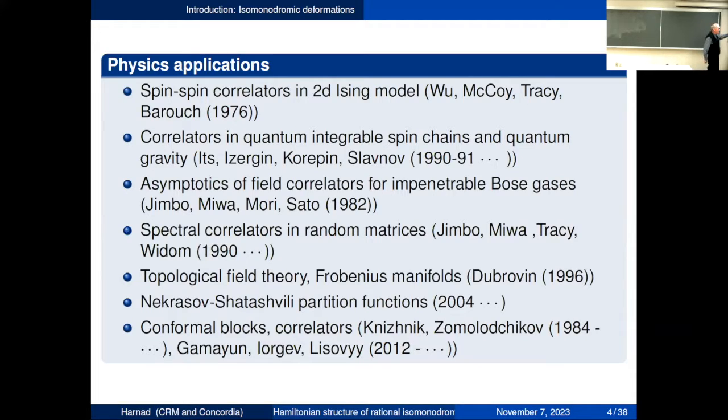Then there was a huge development, which is still resonating till today, in the spectral theory of random matrices. So random matrices were brought into physics by Wigner. I won't go through the history, but they have much more modern applications when studying the statistical properties of the spectra of large nuclei, which were developed already by Wigner and Dyson and others.